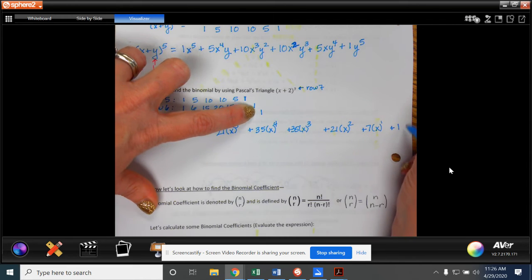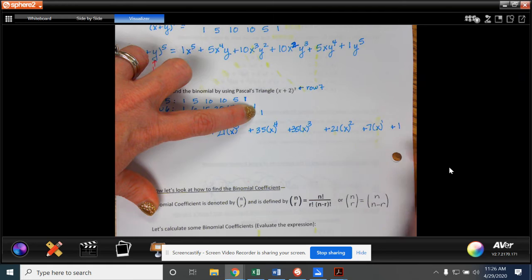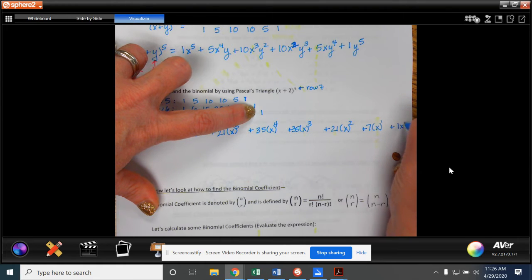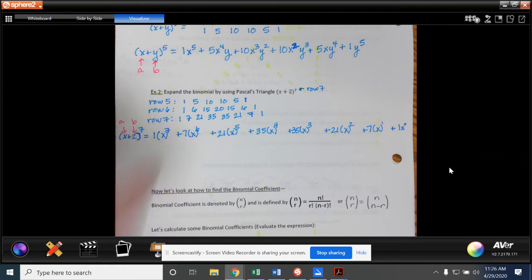Remember, this is going to be x to the 0. Do I need that? No. If you want to put it, that's fine, just to keep track and make sure, and you can eyeball it, 7, 6, 5, 4, 3, 2, 1.